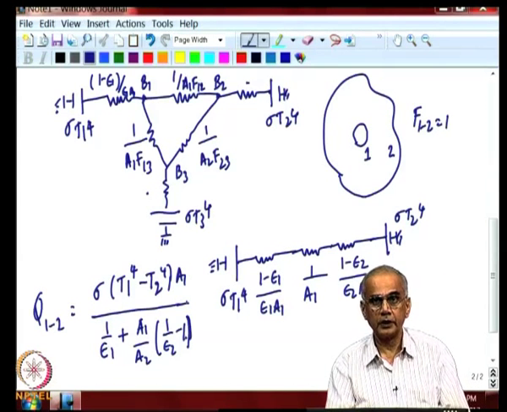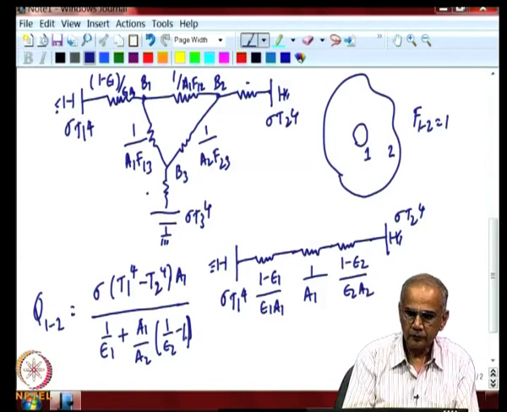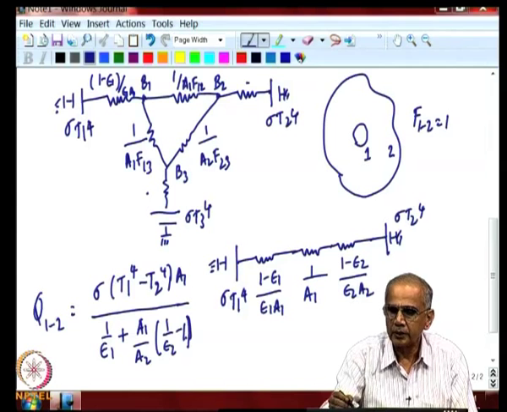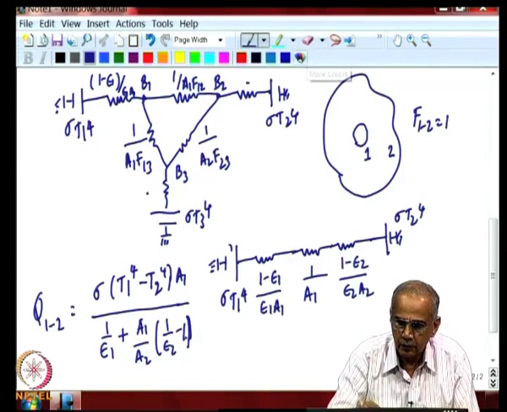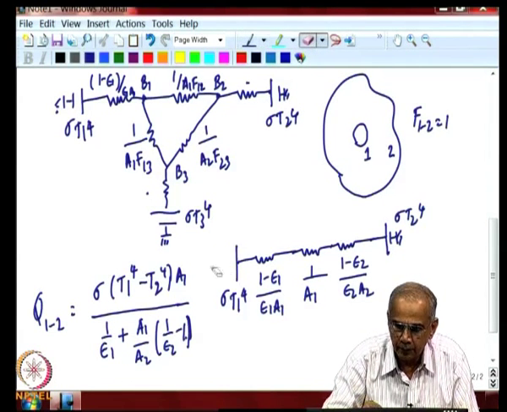This is a very useful result we have here. Now, let us look at some limiting cases of this to understand what it implies.